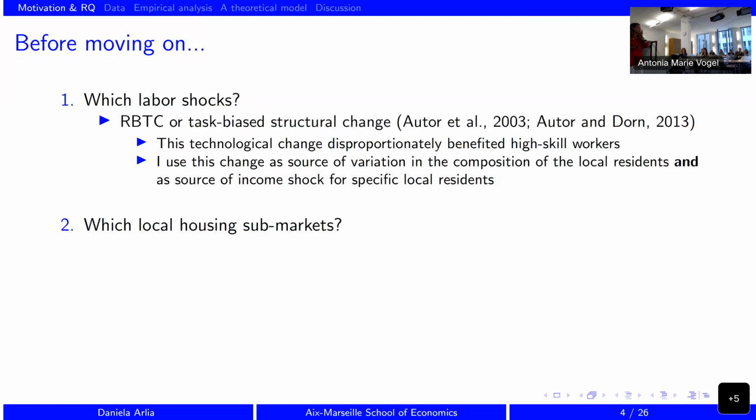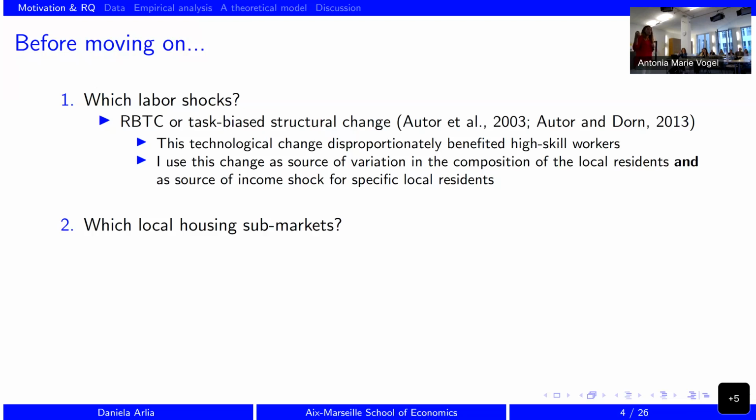I use this change as a source of variation in the composition of the local buyers, and as a source of income shock for this specific type of local residents.